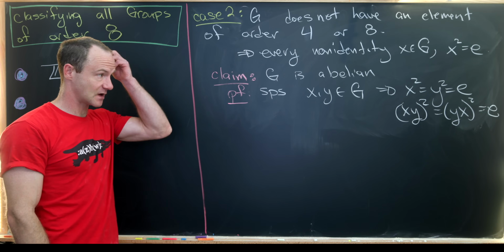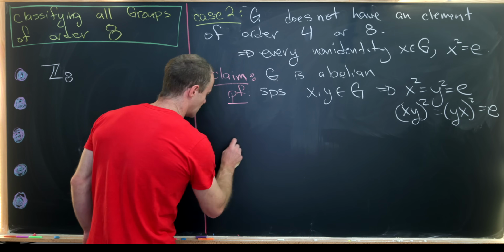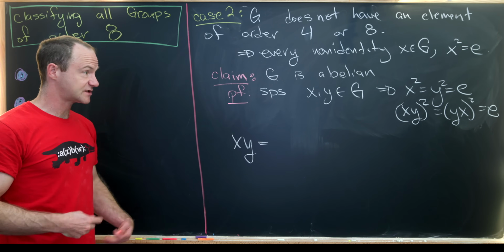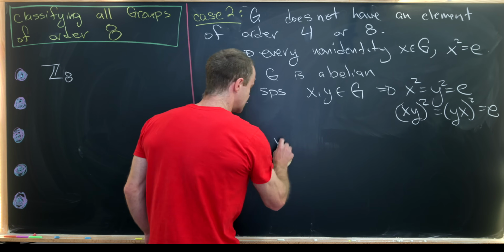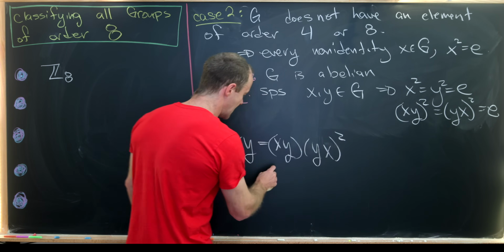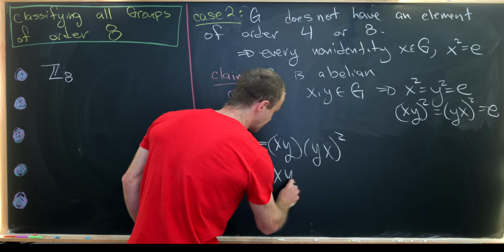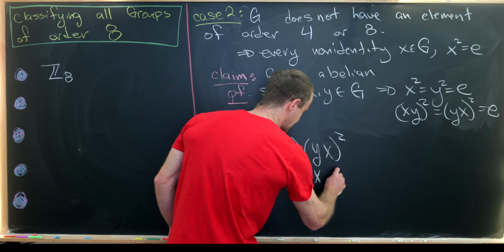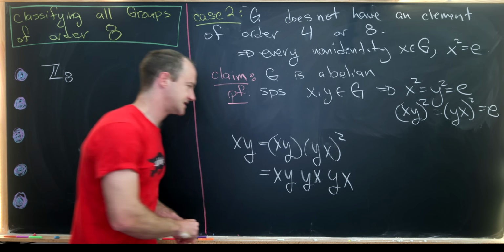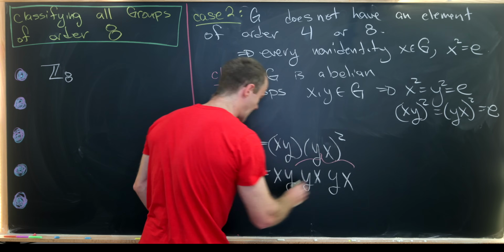Okay, so now we're going to start with xy, and we'll multiply by a certain version of the identity. We'll take xy and multiply by (yx) squared, and then we'll expand this out. This will be xy yx yx, by squaring out this yx right here.